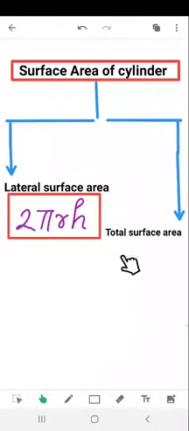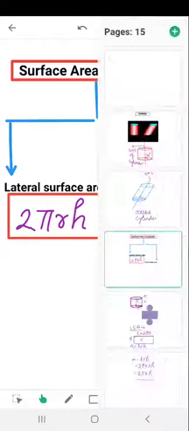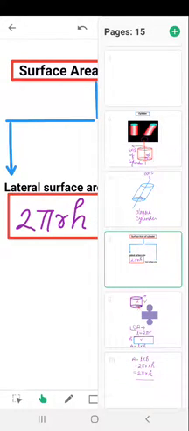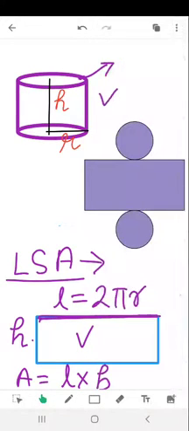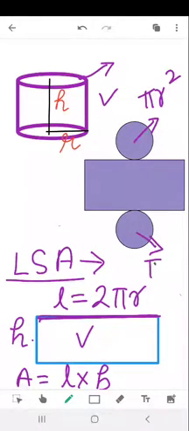Now come to the total surface area. When we have to find the total surface area, we are just going to add the area of these two circles to the lateral surface area. We already know that the area of a circle is pi r square. So the area of two circles will be 2 pi r square.